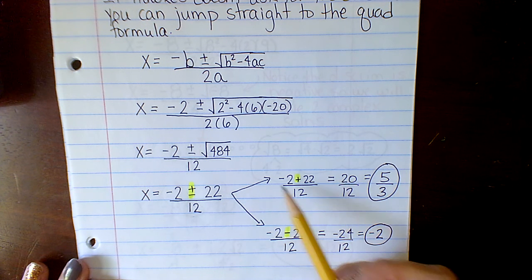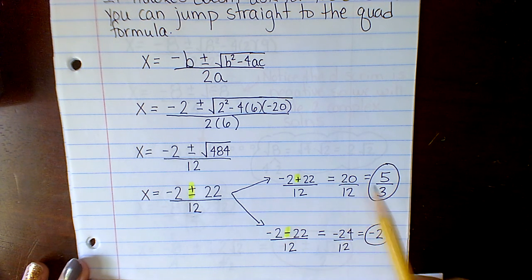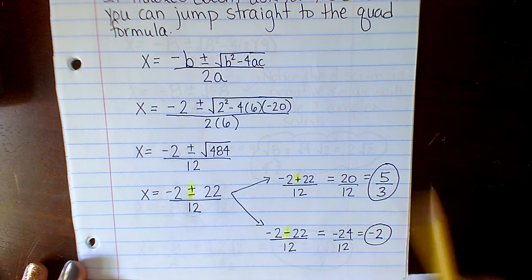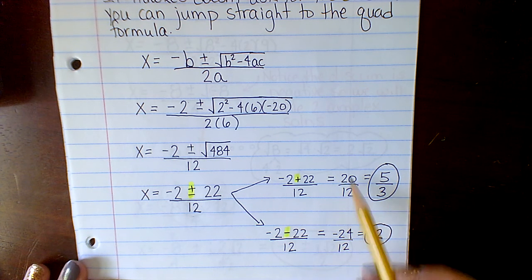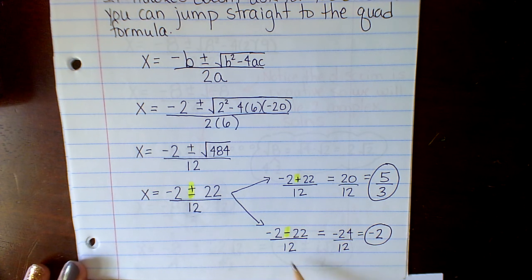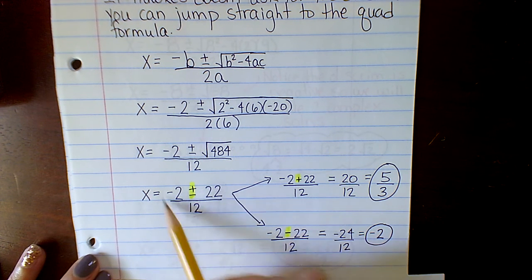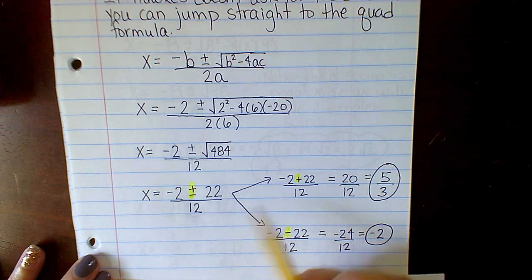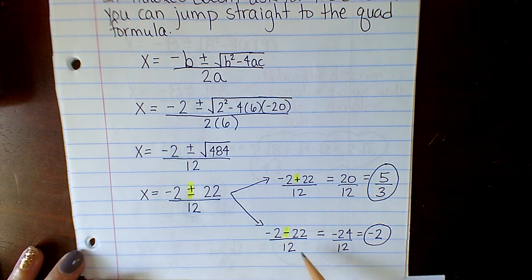So watch what happens. I get negative 2 plus 22, which is 20, over 12. You can put that in your calculator. That'll reduce it to be 5/3. And then negative 2 minus 22 over 12 will give me negative 24 over 12, which simplifies to be negative 2. So the difference being that I didn't bother splitting this into two fractions and then adding and subtracting those two fractions.